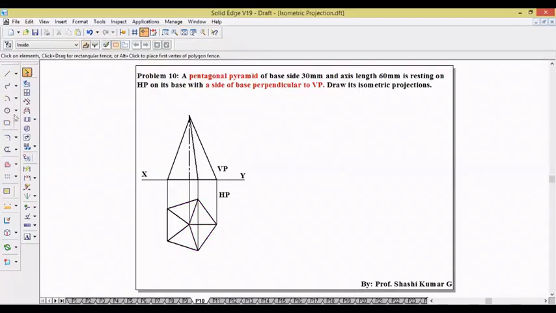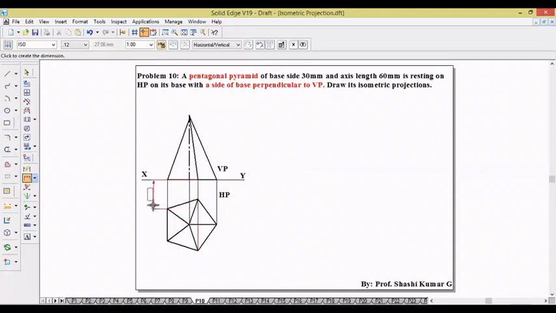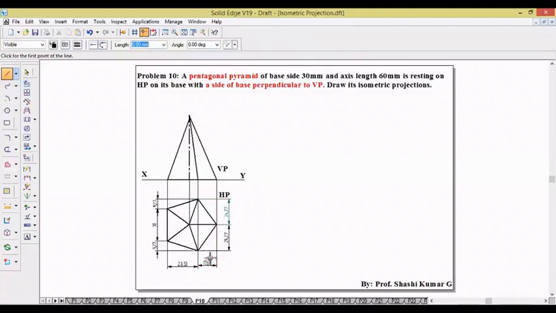Right. So at the same time, you get the distance between these dimensions to draw the isometric projection. The edges. So now let us draw this 28.53.